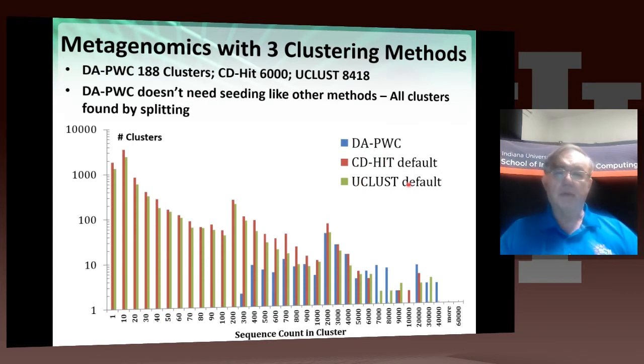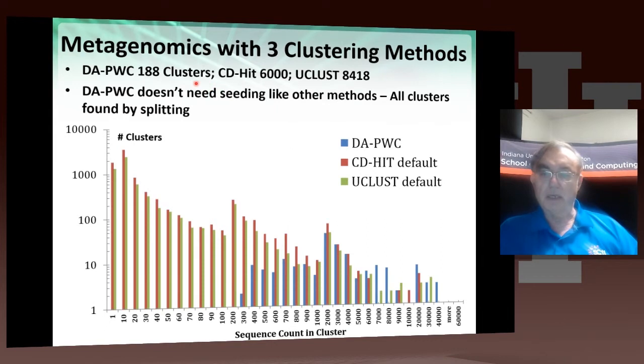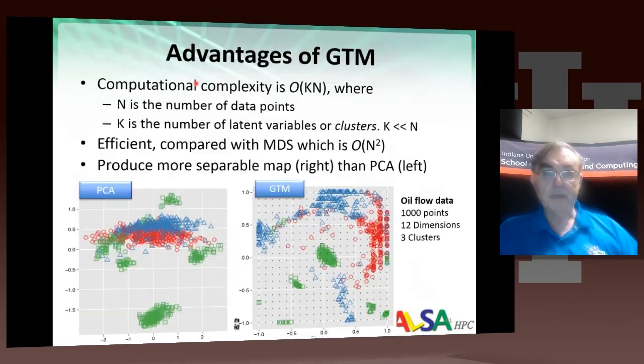These tend to work by seeding and then growing the seeds and then finding the clusters you get by growing the seeds. And they tend to give you too many clusters. The deterministic annealing starts with one cluster and gradually refines it until you get, in this case here, for the metagenomics sample, 188 clusters. Now that's the end of that particular discussion.